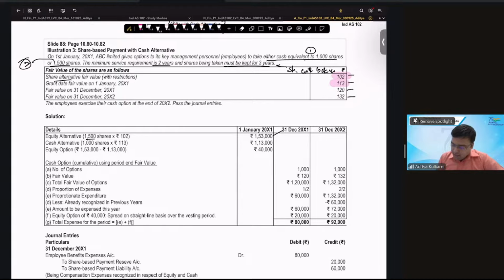Then I also have a cash equivalent which is given for 1000 shares. On the grant date, the fair value is 113. So 1,13,000.